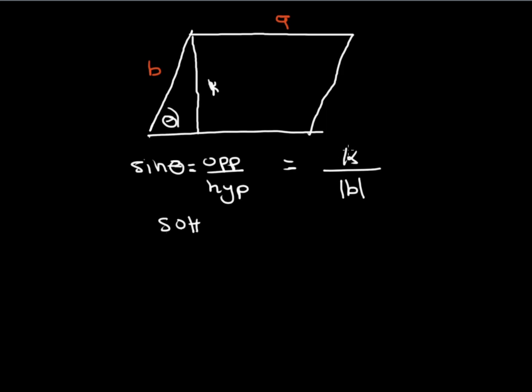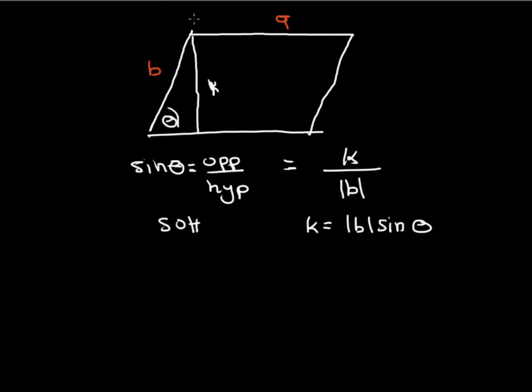So now we can derive that K is equal to the magnitude of B sine theta.